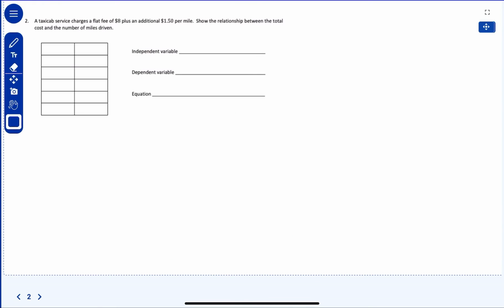All right. 2. A taxi cab service charges a flat fee of $8 plus an additional $1.50 per mile. Show the relationship between the total cost and the number of miles driven. Now, first of all, what is our independent variable?